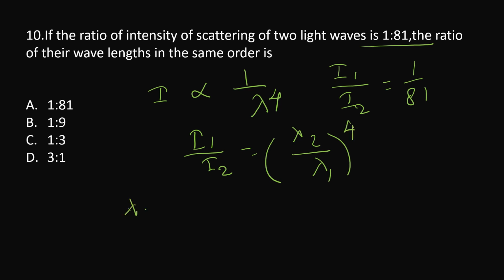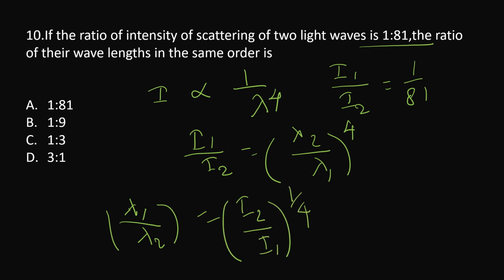Or we can write lambda 1 by lambda 2 is equal to I2 by I1 whole raised to 1 by 4. That is 81 divided by 1 raised to 1 by 4. That is 3 by 1. Option D is the correct one.